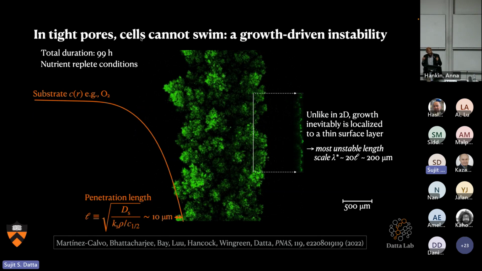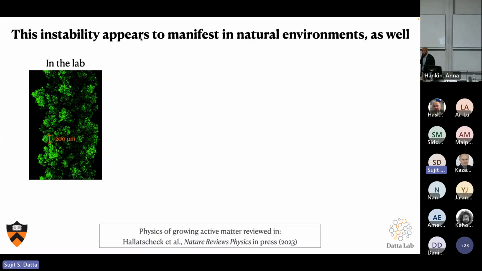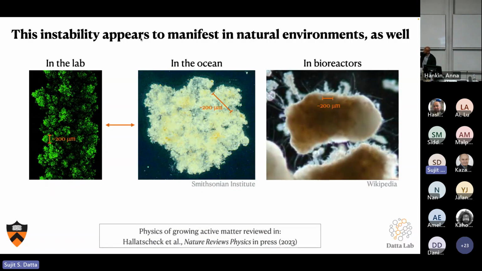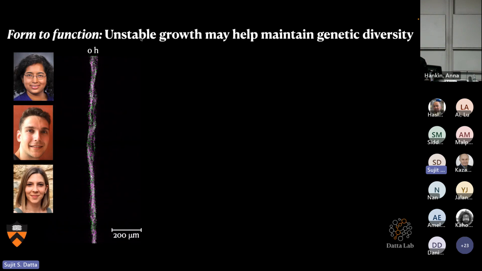We performed a linear stability analysis of that problem, and we found that there's a most unstable length scale that's set by 20 times this nutrient penetration length, and that captures exactly what we see for this floret size in our experiments. Okay. And so with that, not only do we find this in the lab, but when we look at nature, for example, colonies growing in the ocean or in bioreactors, we see similar phenomena, and we're continuing to explore the implications of this.